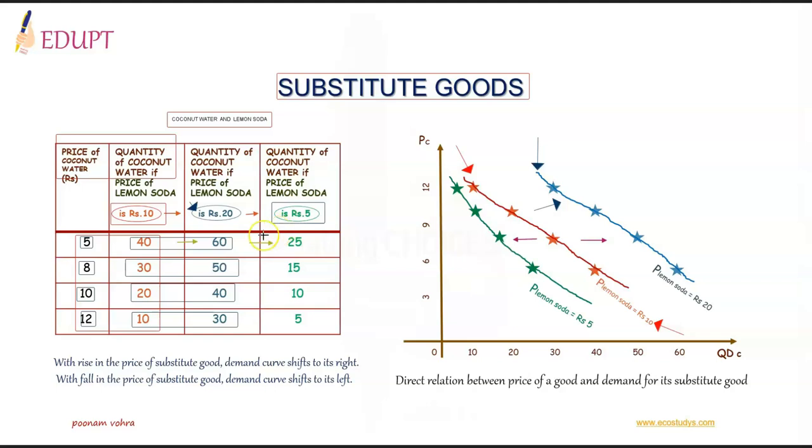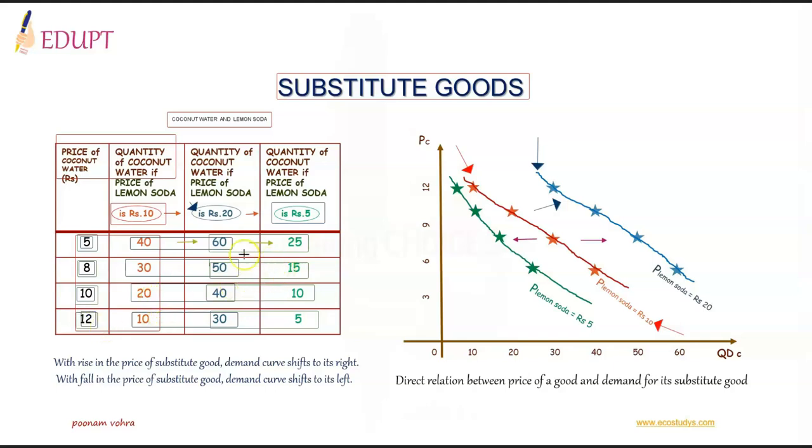So, quantity demanded of coconut water falls from 60 to 25 at price 5, from 50 to 15 when price is rupees 8 per unit, from 40 units to 10 units when price is rupees 10 per unit, and from 30 to 5 units when price is rupees 12 per unit.